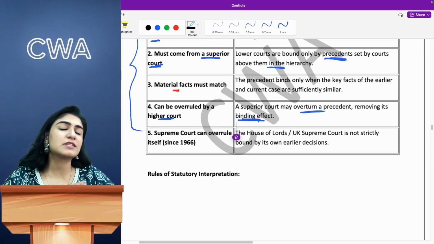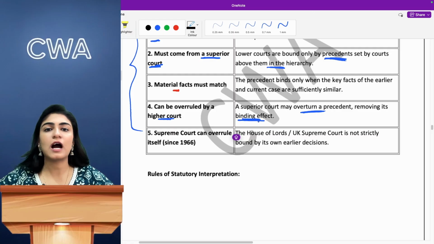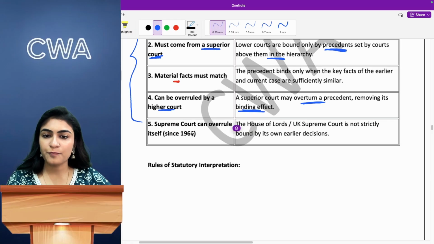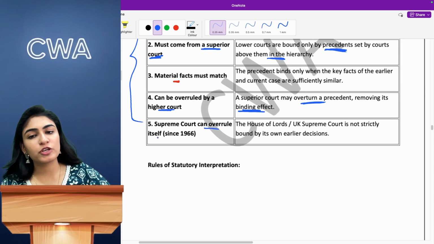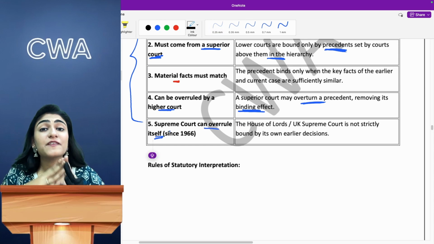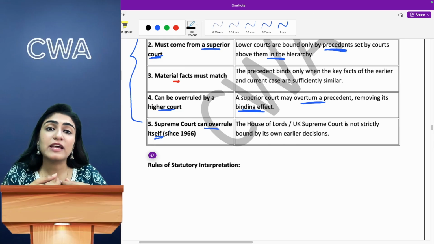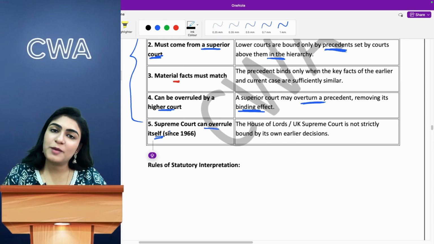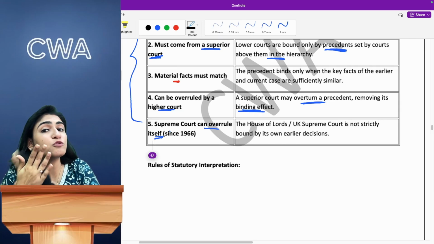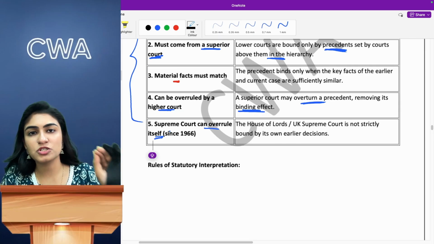They can basically altogether discard the decision that has a binding effect. The Supreme Court can overrule itself, which means that if any judgment is passed by the Supreme Court, it has the right to overrule or basically to scrap its own judgment.